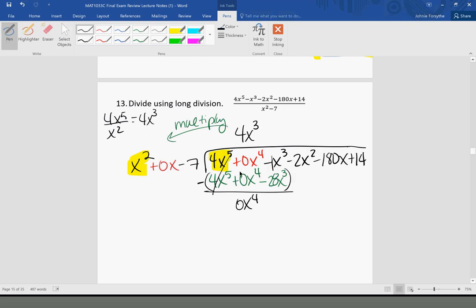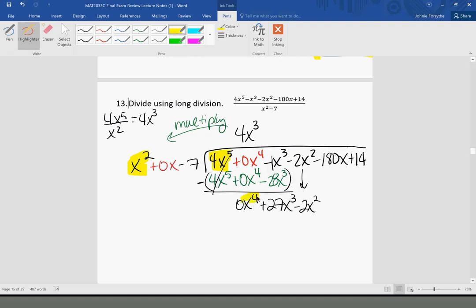I meant 28. Negative 1 minus negative 28 is the same thing as negative 1 plus 28, which is 27x to the 3rd. And then we bring down that minus 2x squared. And now we're going to go again.